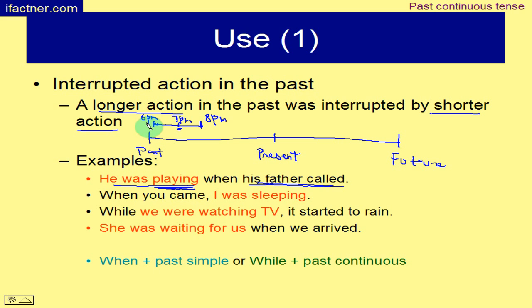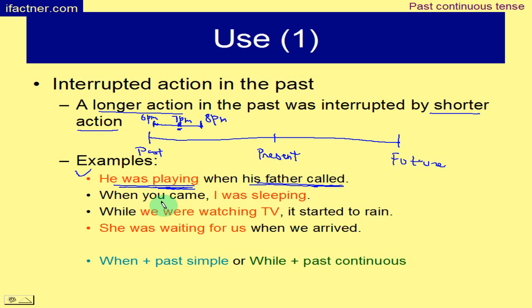He started playing at 6 p.m. and played till 8 p.m. and the longer action was interrupted by a shorter action because he started playing before his father called and he remained playing after his father called. Therefore, we use past continuous tense for the play and we use past simple tense for call. Got it? He was playing when his father called.